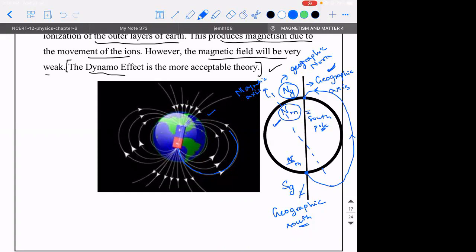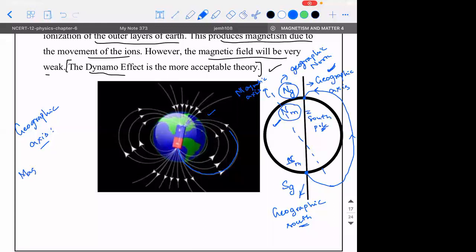The first point is geographic axis: an imaginary line passing through the geographic north and the geographic south is called a geographic axis.